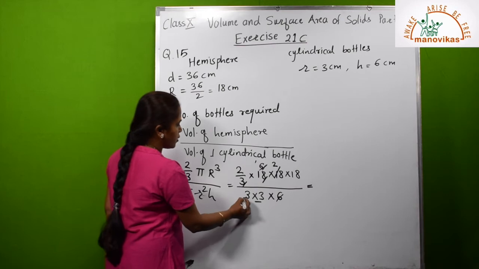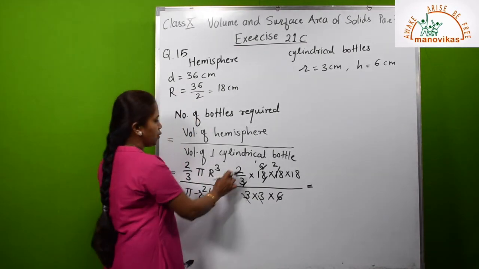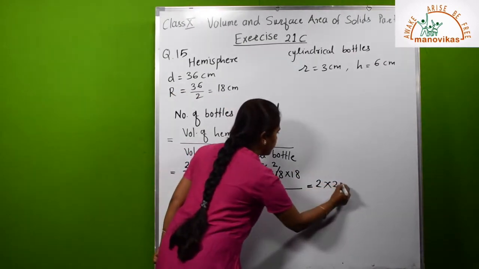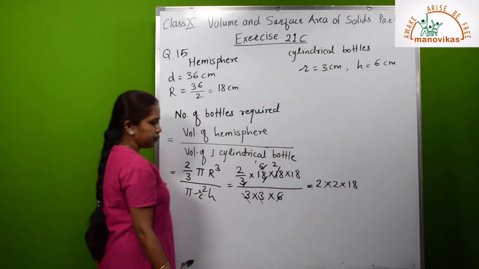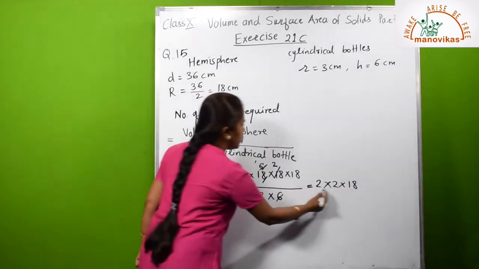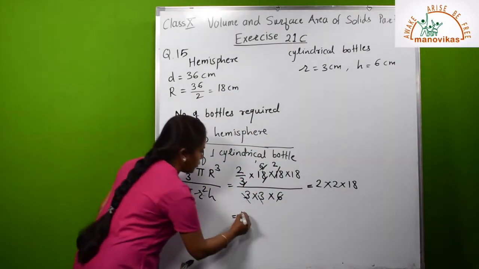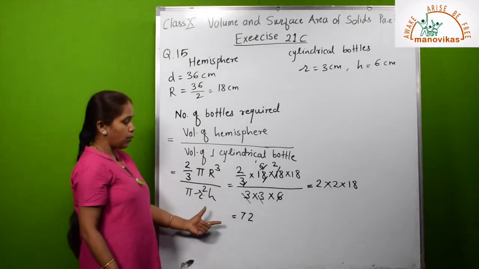So how many factors remain here? This is cancelled. So 2 into this 2 into 18. Understood? So 2 into 2 into 18, that will be 72. So how many bottles we required?